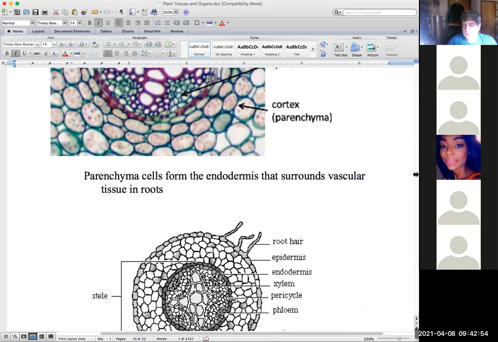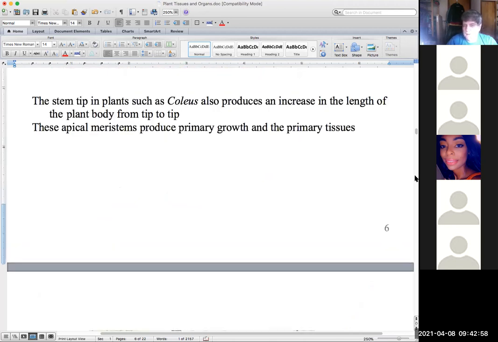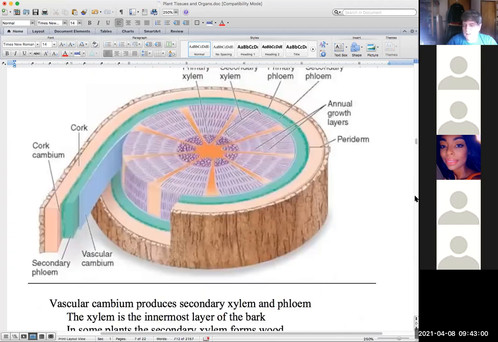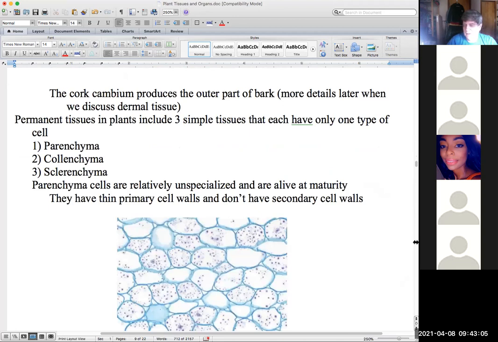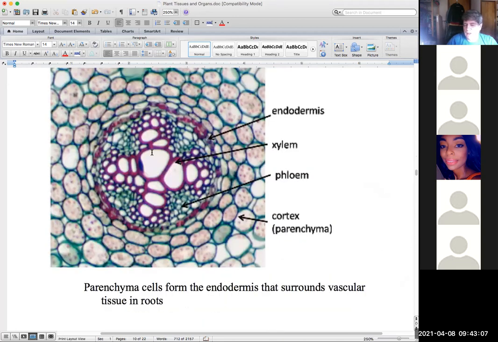Well, in a dicot root, there is no pith in the middle, because our dicot xylem goes all the way into the center of the root.